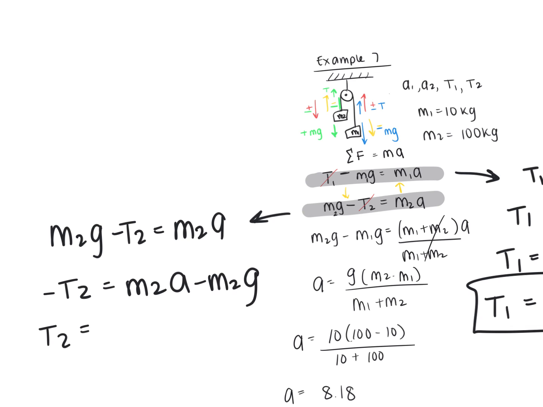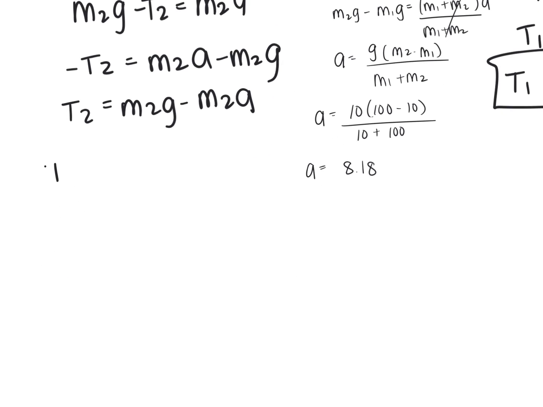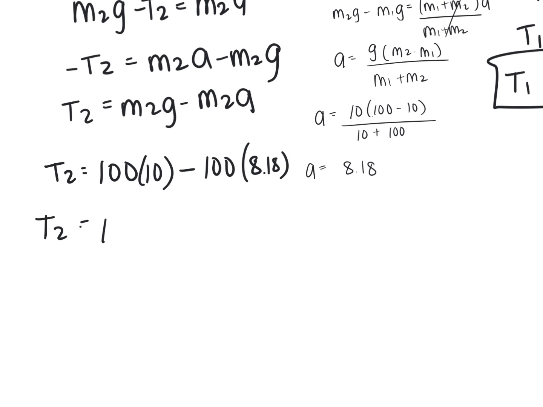T2 equals m2g minus m2a. And we can plug in our values, and we know that T2 will equal our second mass, 100, times 10 minus 100 times 8.18. And our T2 will equal 182.